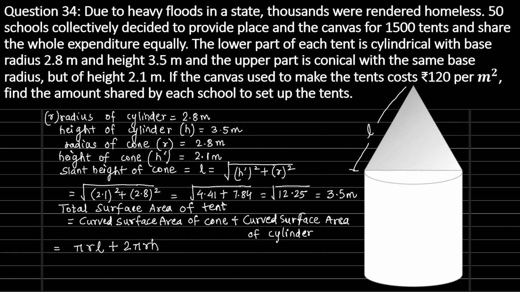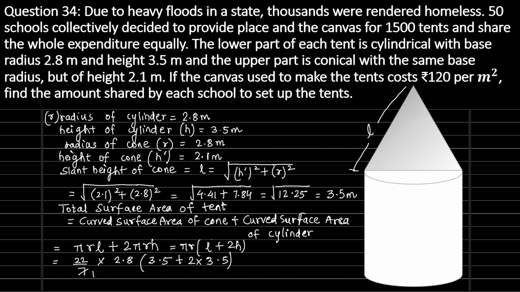Now since we know all the dimensions, let's substitute their values. Taking pi r common, we are going to get pi r in bracket L plus 2 times of H. So on substituting the values, pi equals 22/7, radius is 2.8, slant height is 3.5 plus 2 times the height of the cylinder, which is 3.5.